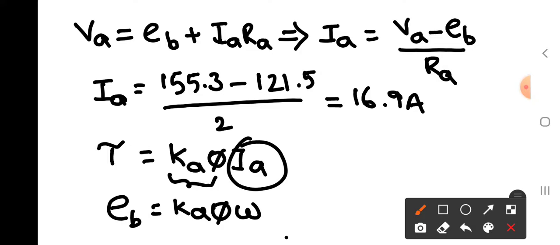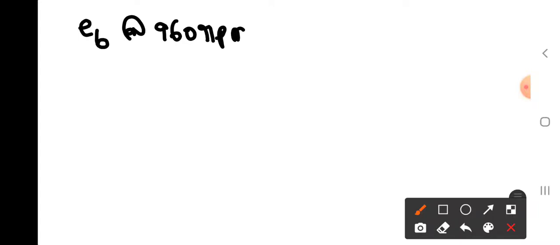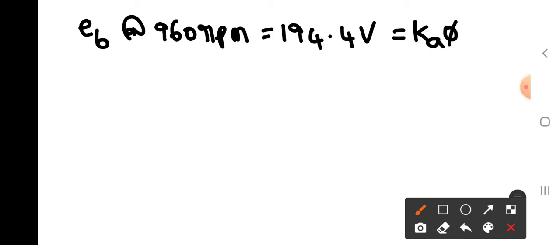So here I am taking the back EMF at rated speed, 960 rpm, which is given by 194.4 volts. This is equal to Ka pi into omega.